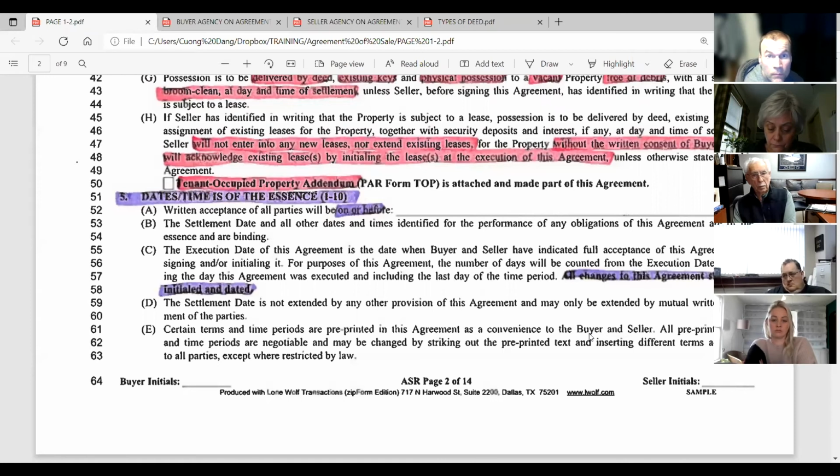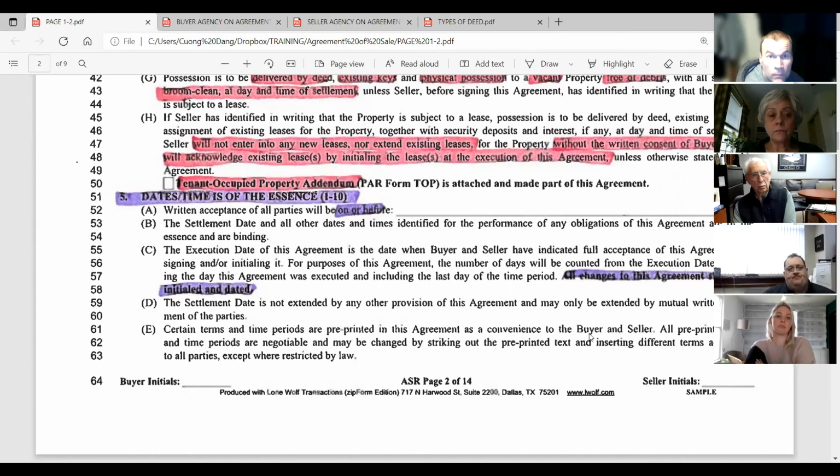For purposes of this agreement, the number of days will be counted from the execution date, excluding the day this agreement was executed and including the last day of the time period. All changes to this agreement should be initialed and dated.